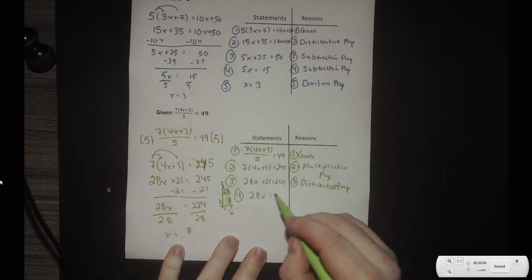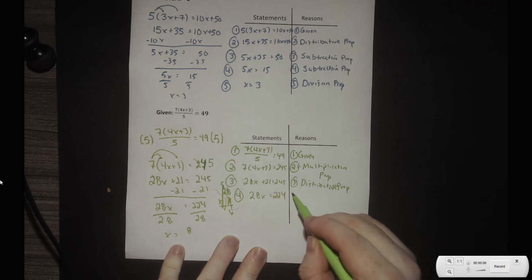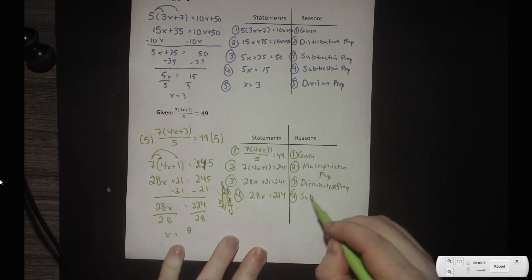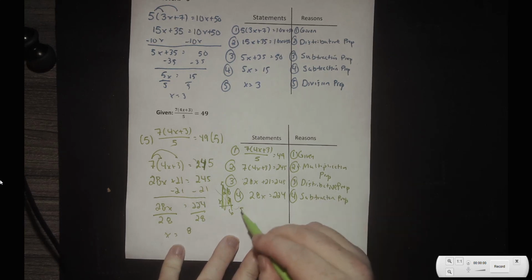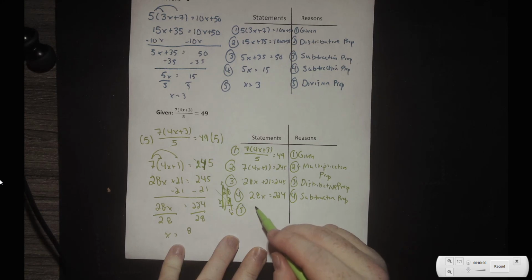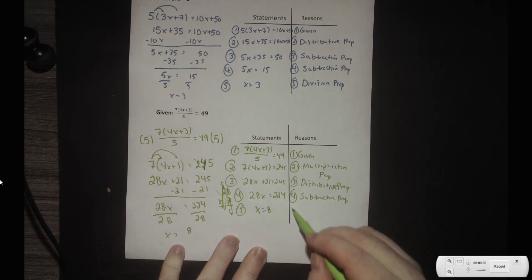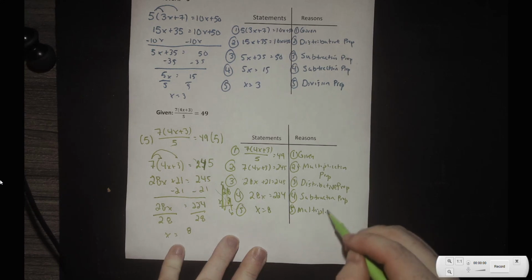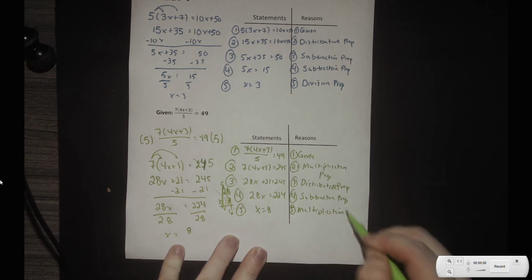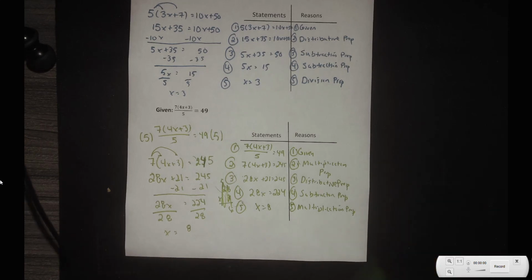So it has a little bit of everything. Then I'm going to subtract, and then multiply. And that is my proof. One of my students would say, bam, it's done. All right.